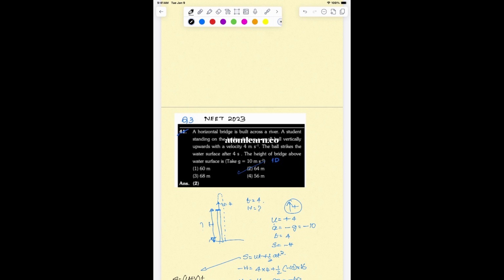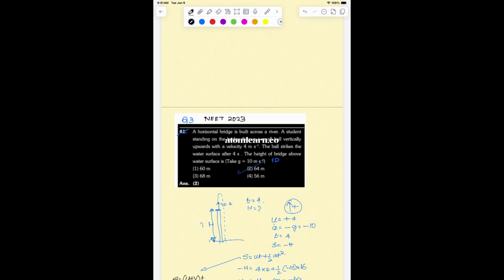Then what is the average between u and v in this case? The average between plus 4 and minus 36: plus 4 minus 36 is minus 32, divided by 2 for taking the average, so the average is minus 16. Then what does the formula say?